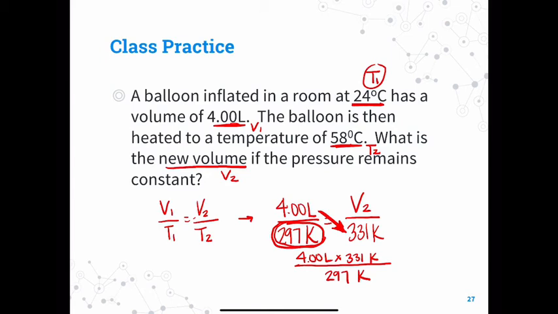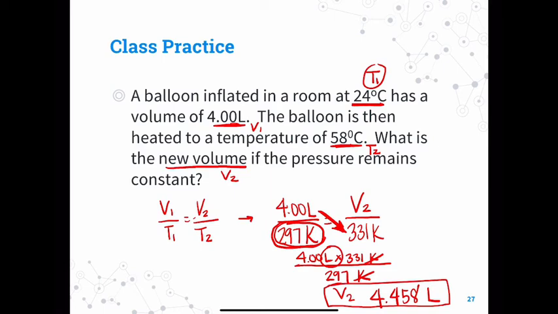All right, so we're going to do 4 times 331 and then divide by 297, and that gave me 4.458, and the units, the Kelvin cancels out, should be liters, which we're solving for V2, so that makes sense, because a unit of volume is a liter.